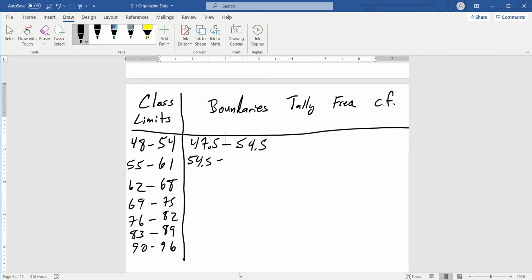Or you can just look at all of these guys right here, because notice 54.5, 61.5, it'll be 0.5, because you're adding a half to all of these. So this is pretty easy to go through and just fill in, and then you just take your previous upper to become that next lower.